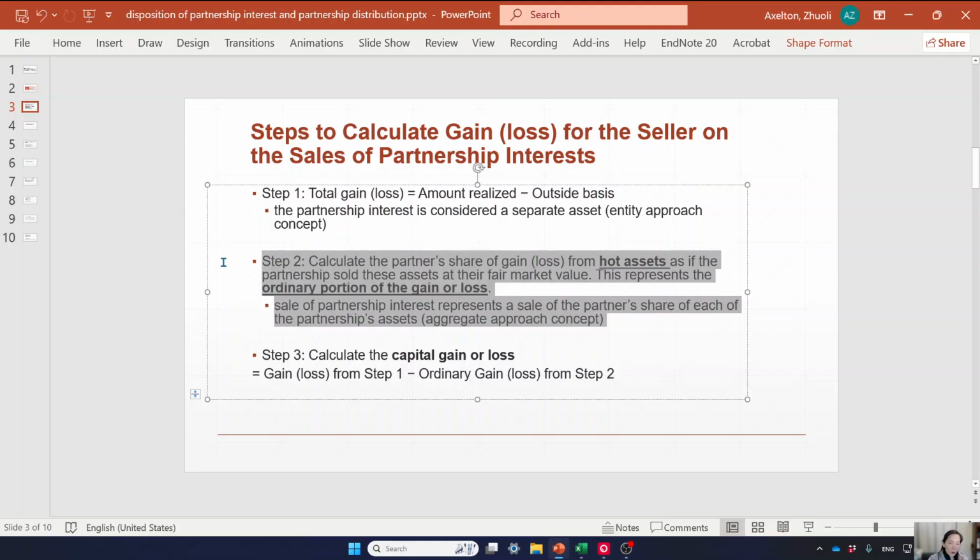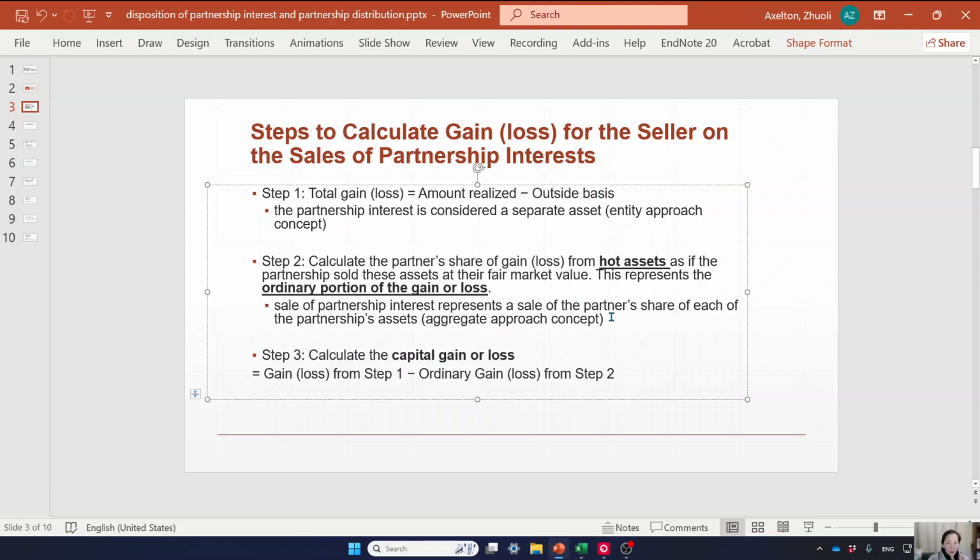That is, how to identify the hot assets and how to apply the partner's share of gain or loss from the hot assets to figure out the ordinary gain or loss portion.